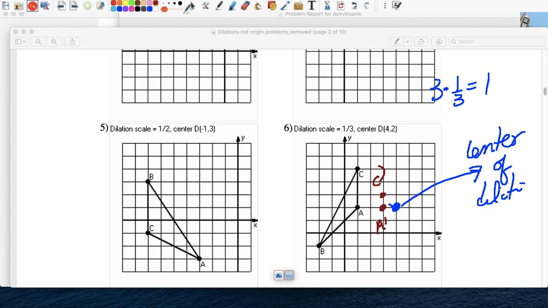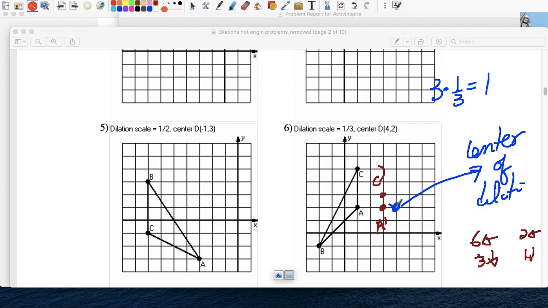B. From the center, how do I get to B? It's 1, 2, 3, 4, 5, 6 left, and then 1, 2, 3 down. So what's 1/3 of that? Well, 1/3 of 6 is 2, and 1/3 of 3 is 1. So we're going to go 2 to the left and 1 down.